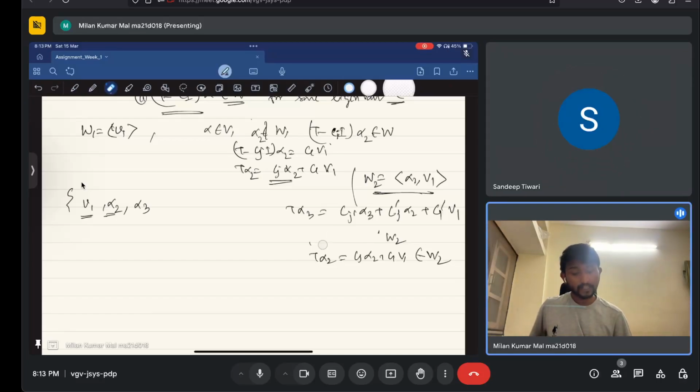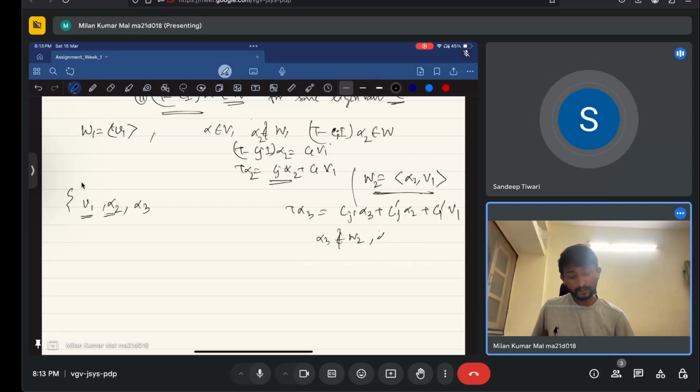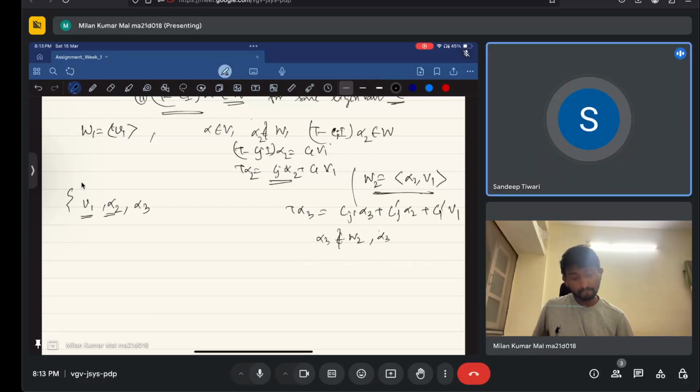As W2 is invariant, similarly I am writing there exists an alpha 3 which is not in W2, such that T minus some scalar Cj' times alpha 3 is equal to a scalar multiple of alpha 2 and V1.